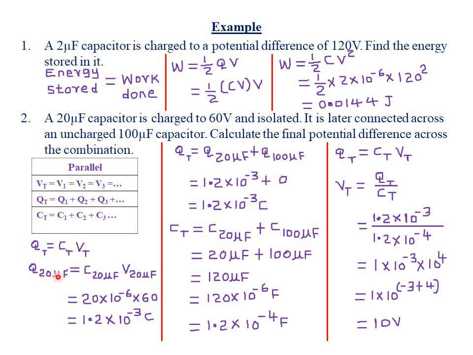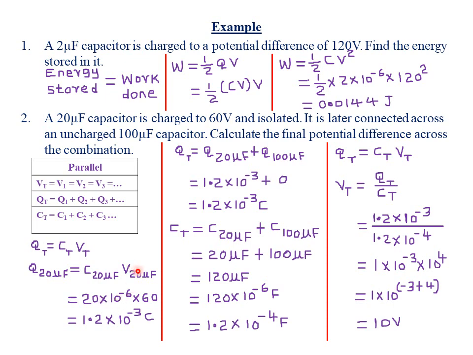The charge through the 20 microfarad capacitor is equal to CV, so the capacitance of the 20 microfarad capacitor times the potential difference across it. Its capacitance is 20 microfarad. To convert it into SI units, or into farad, we just multiply by 10 power negative 6.